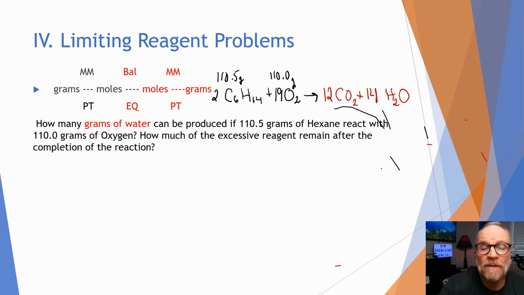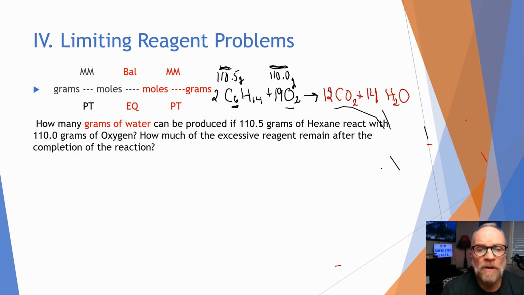I went ahead and balanced the equation. We're given here 110.5 grams of hexane, that's this guy right here, and we're given 110 grams of oxygen. So pause the video and write down the problem, and then we'll work it together.